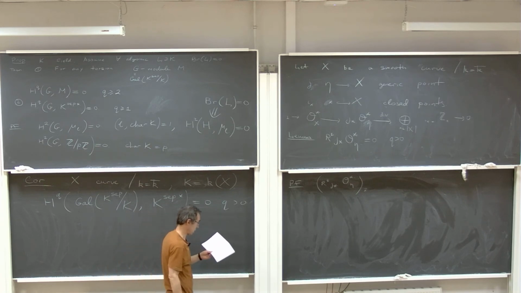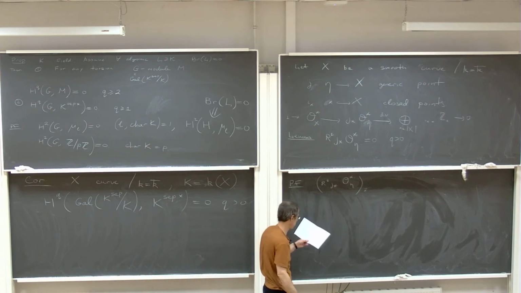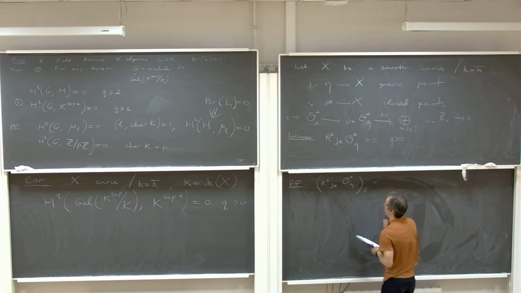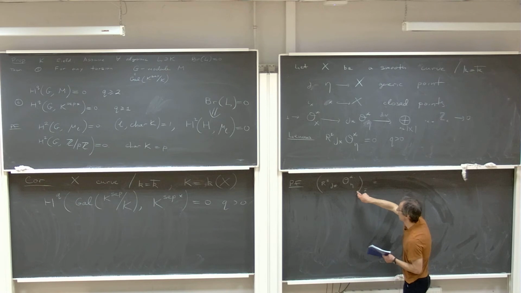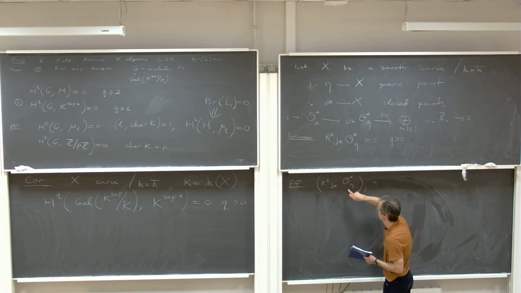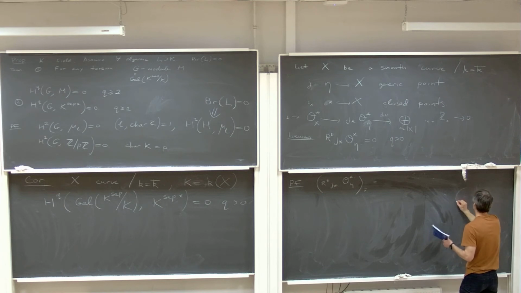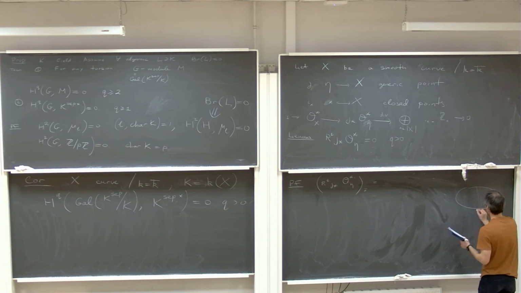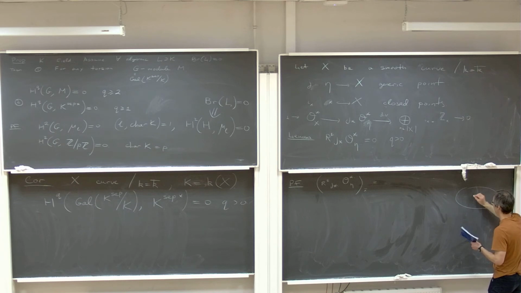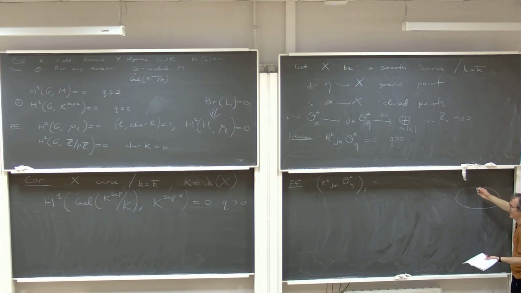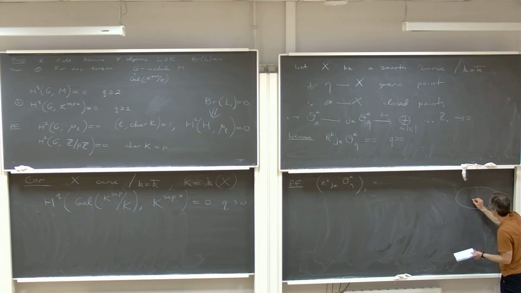So, what is it? I want to show vanishing of this. That's by definition. We discussed how you compute the derived direct image. So I will draw a picture here. This is my curve. Think of eta as a good approximation. It's a small open subset, but anyway, it's dense in X. And you have a point.